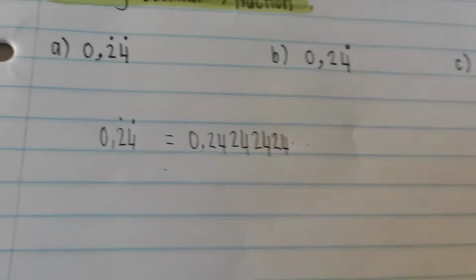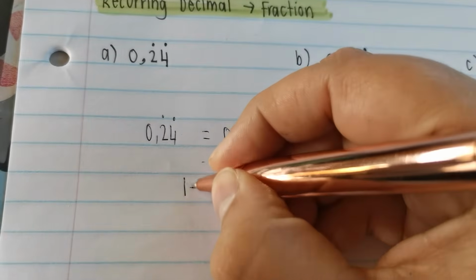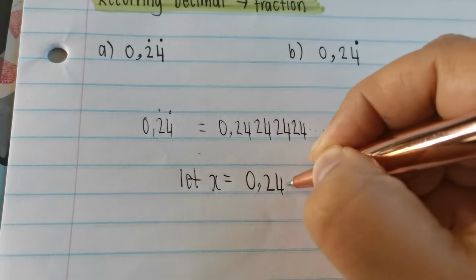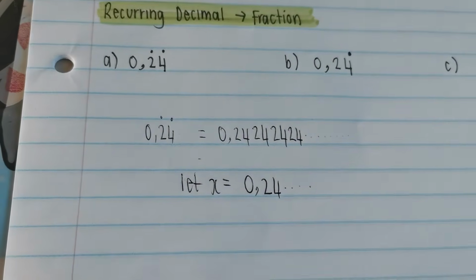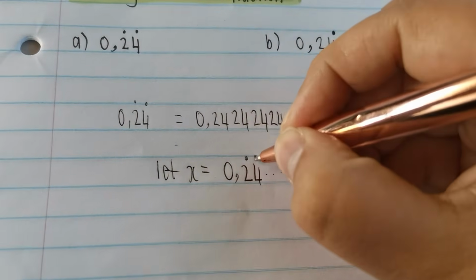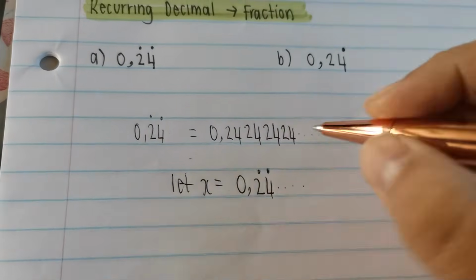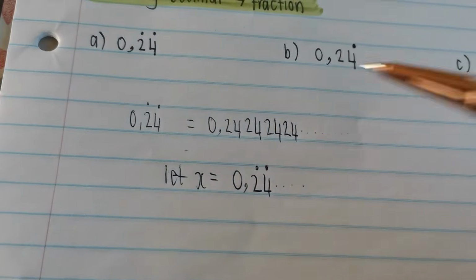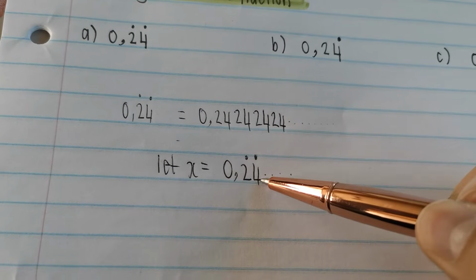So instead, what you do is this method. You're going to say let x equal 0,24 recurring. I put the dots like this and like this. Then you're going to see how many numbers are actually recurring. In this case, can you see I have 2 numbers recurring?